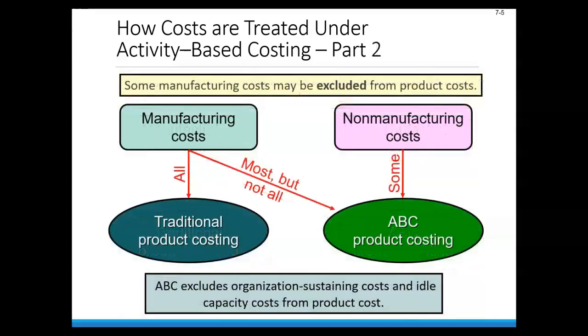But when we get over here to activity-based costing, not all of that plant cost is necessarily going to go to cost of goods sold, because now in this one we're not really talking about a true external cost of goods sold number, okay?